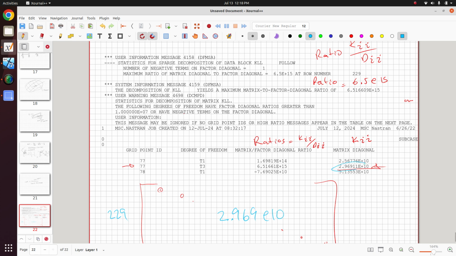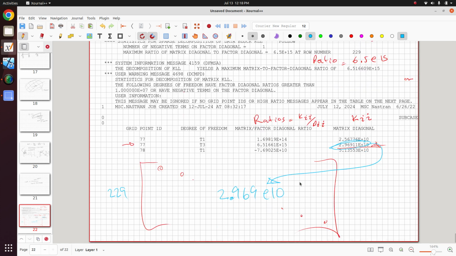So here, the matrix diagonal, this is K at that value. And now we don't have D yet. What is D here? For this example, I'll call this K299. So this is equal to 2.969. What is D? What is that in this case?